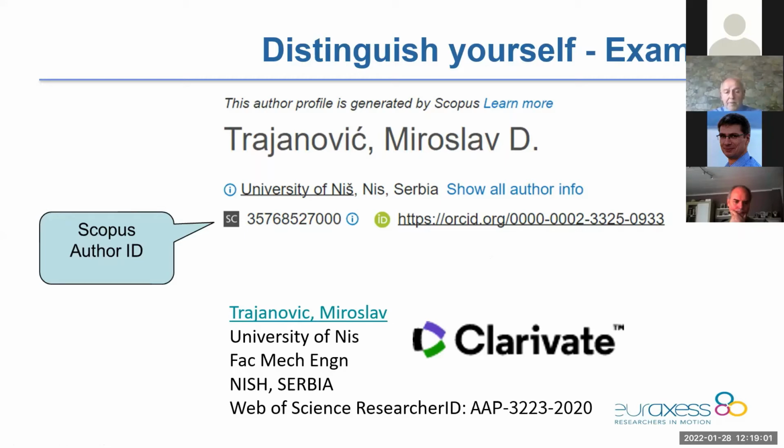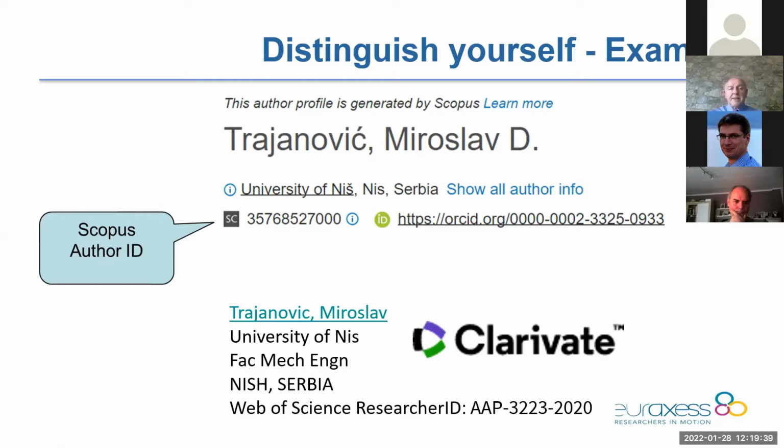Also, on Web of Science, I have a researcher's ID. Because Web of Science likes to be unique, they do not easily recognize ORCID ID, even though they will present your ORCID ID.